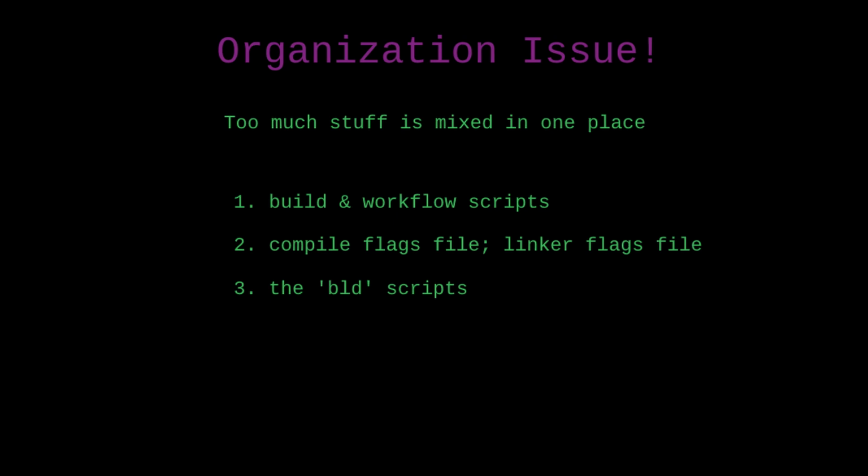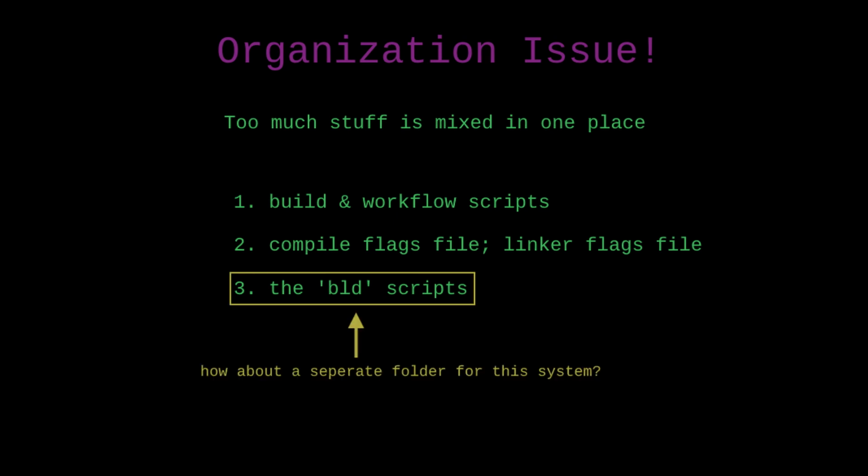They're all just mixed together in my bin folder. But if I want to completely isolate this, then probably I want a folder that's just the root of the BLD system that the user is not really meant to directly modify, except to modify the parameter script, and that they're not supposed to rearrange the layout inside that folder. But then everything outside of that is totally up to the user.